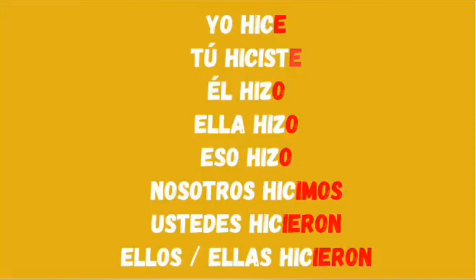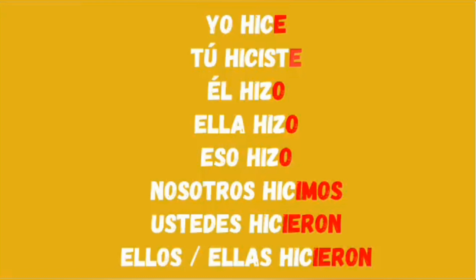Okay, to say she did, you have to say ella hizo. To say it made or it did, then you have to say eso hizo. To say we did or we made, then you have to say nosotros hicimos.